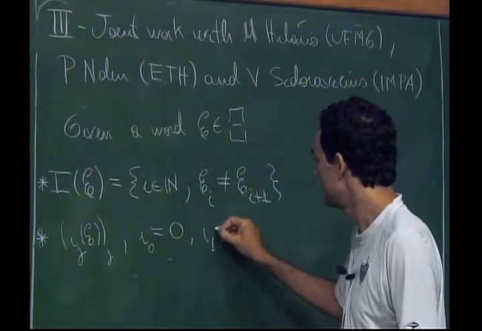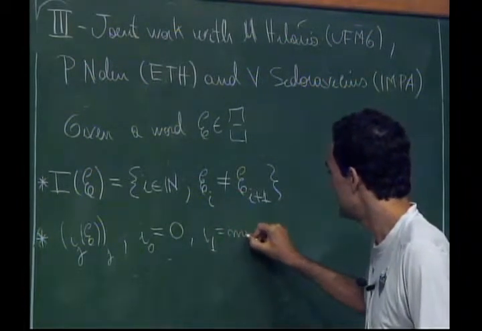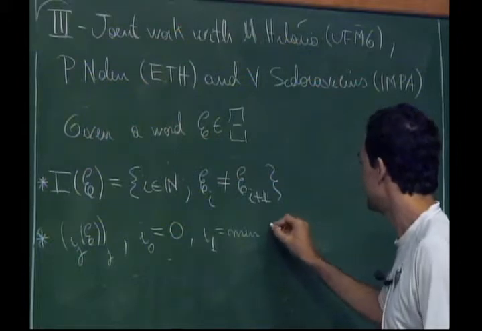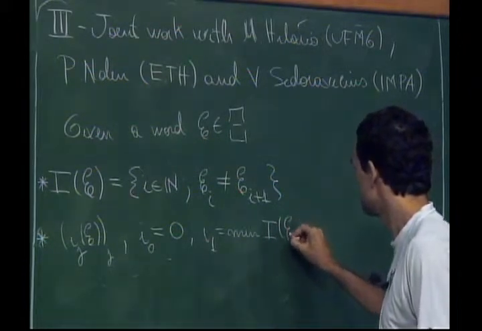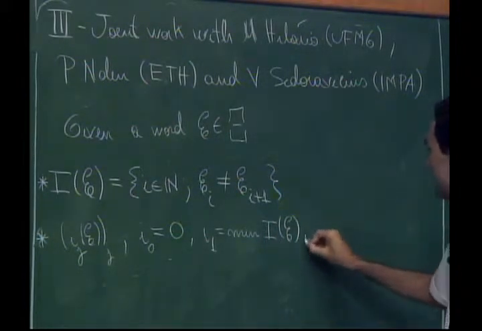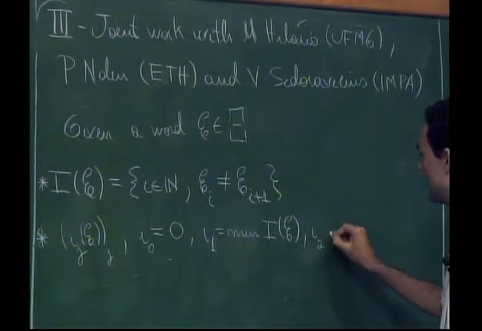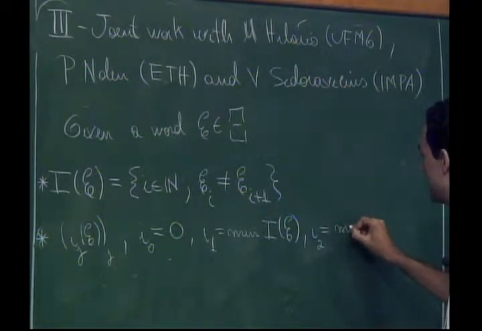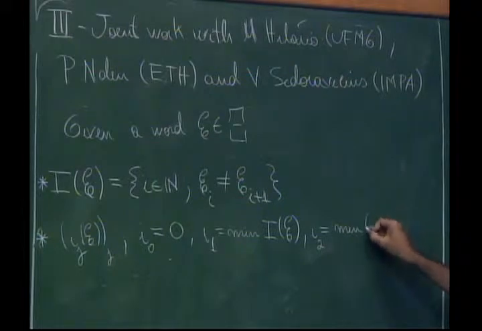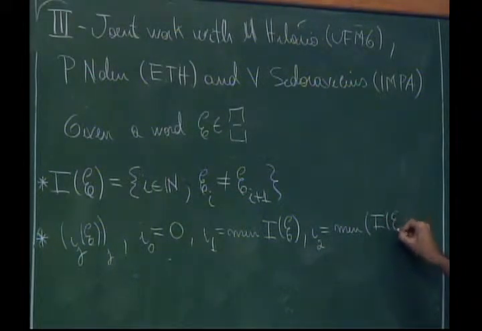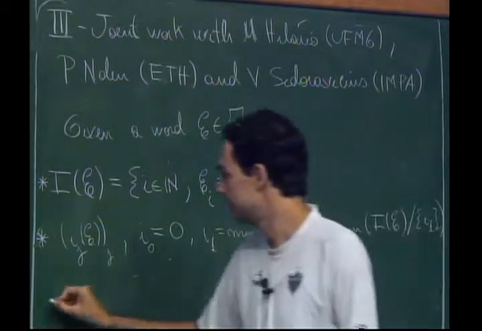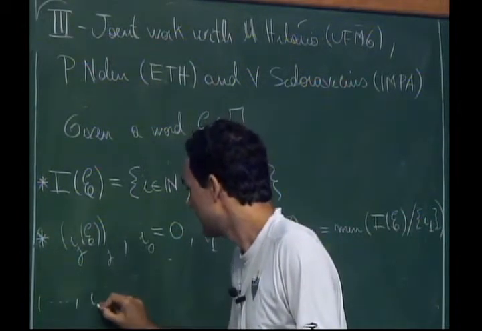I_1 is the minimum of the set I. I_2 is the minimum of the set I minus I_1, and so on.